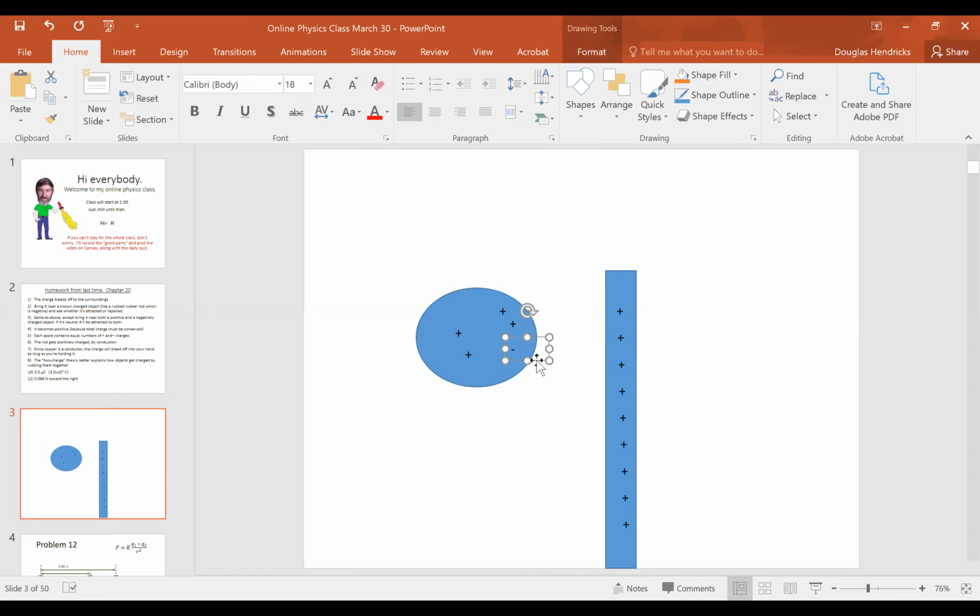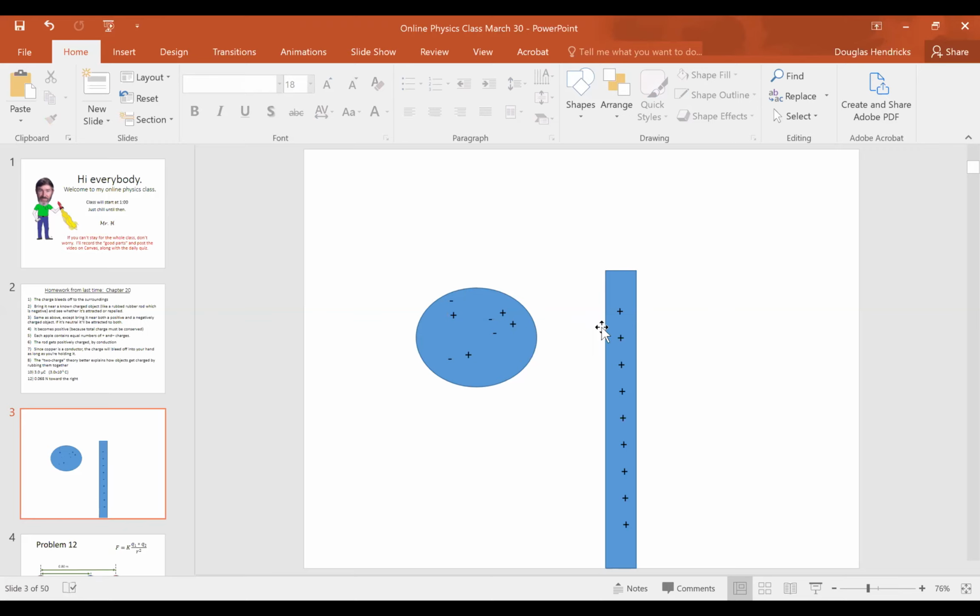So let's get a couple of those. Now we've got equal numbers of pluses and minuses. Let's put the pluses and the minuses close to each other here.